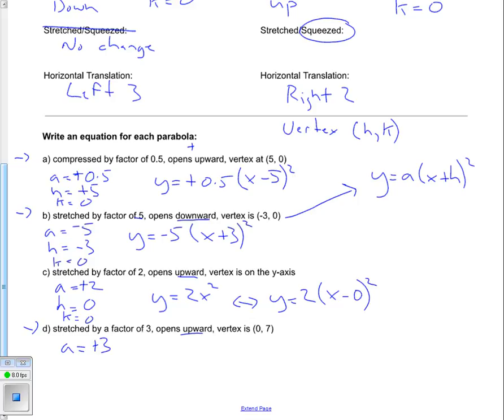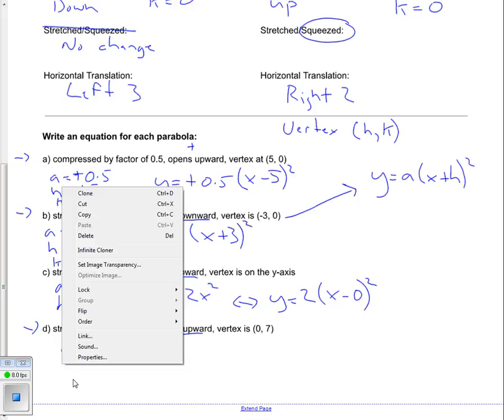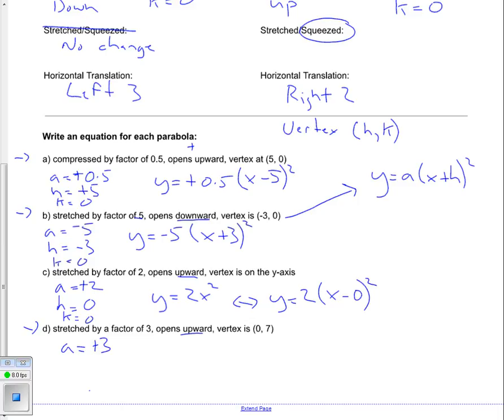Okay, and based on what we know about the vertex being the same as the h, k values, that means that the h value is 0, and the k value is actually positive 7.